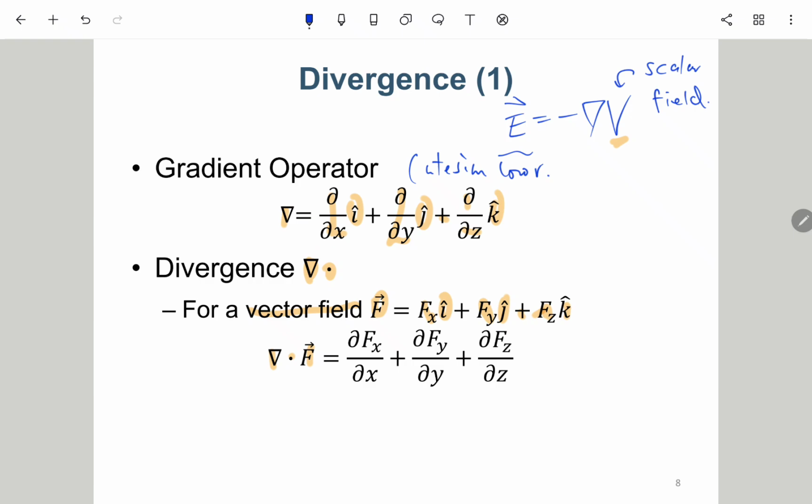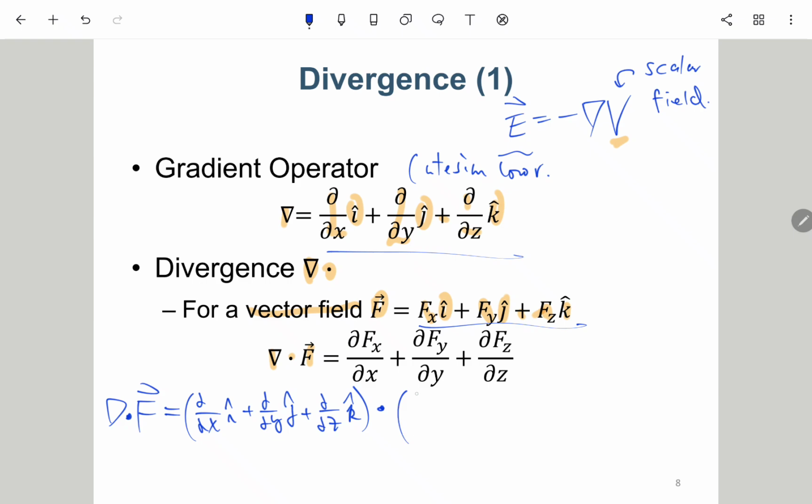Okay, so the reason is very simple. Of course, this is the Cartesian coordinate, this is also the Cartesian coordinate, so the divergence of F is actually partial x i hat plus partial y j hat plus partial z k hat, and then dotted with f sub x i hat plus f sub y j hat plus f sub z k hat.